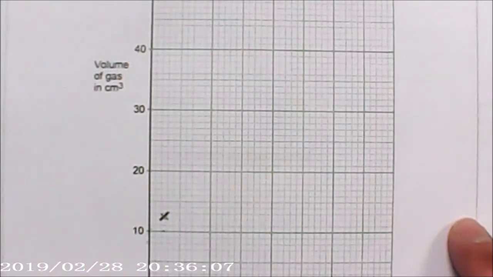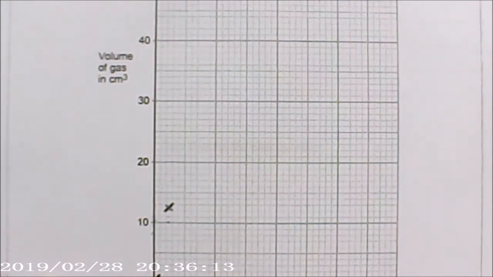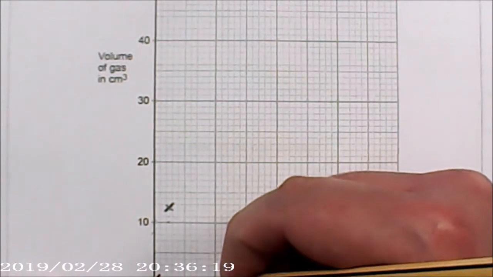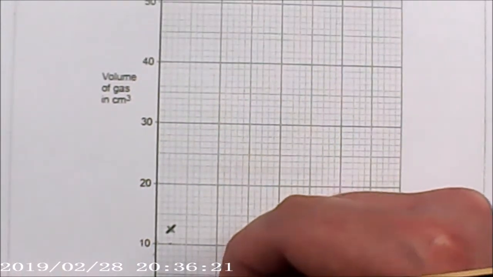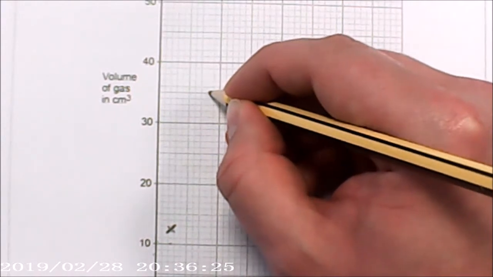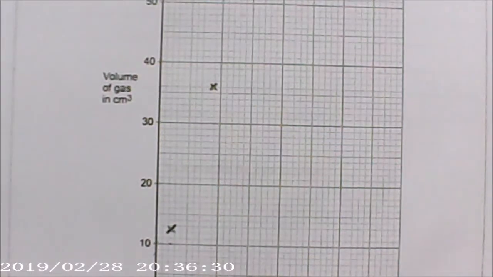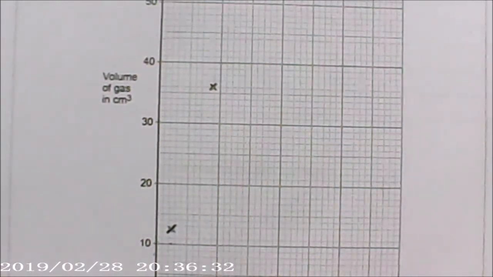Next one is at 35. So here is 30. So 35 will be halfway along that. And then that's going to go up to 36. So if you want to use a ruler, feel free. 30, 35, 36. Right, next one is 50.